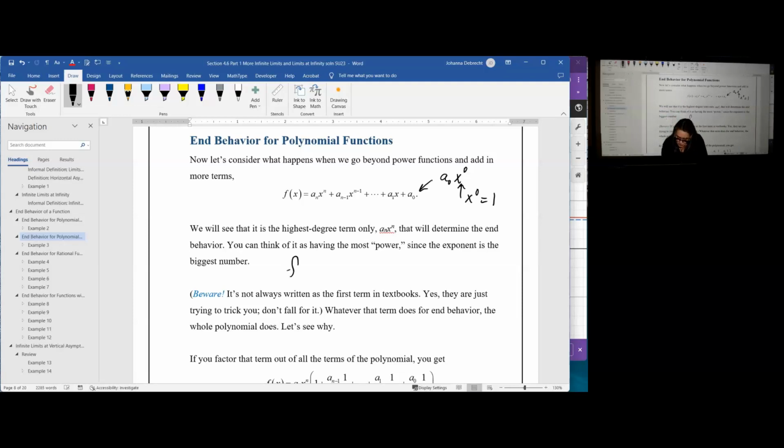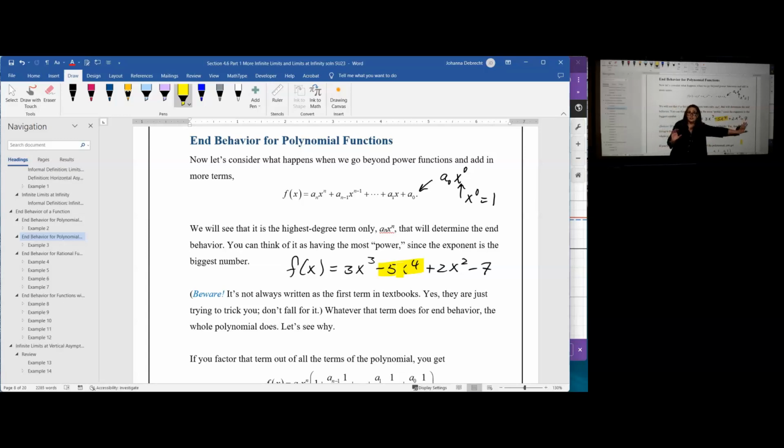Now, you want to be careful and make sure that you actually have the highest degree term. Textbooks are known for writing things like this: 3x cubed minus 5x to the 4th plus 2x squared minus 7. And they want you to think that the highest degree term is the 3 because it's written first. It's not. The highest degree term is going to be the one that you see right here in the middle, that -5x to the 4th.